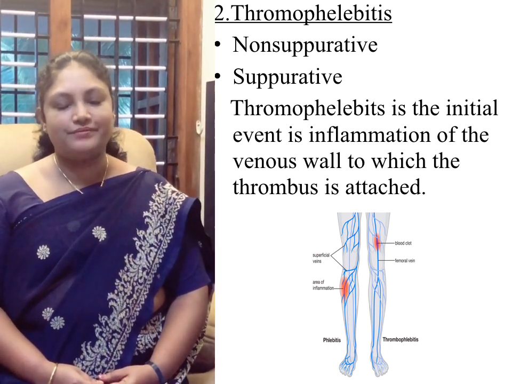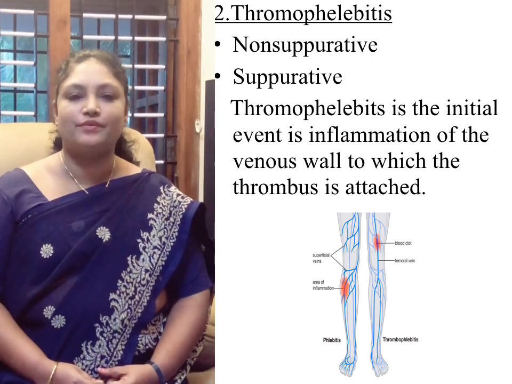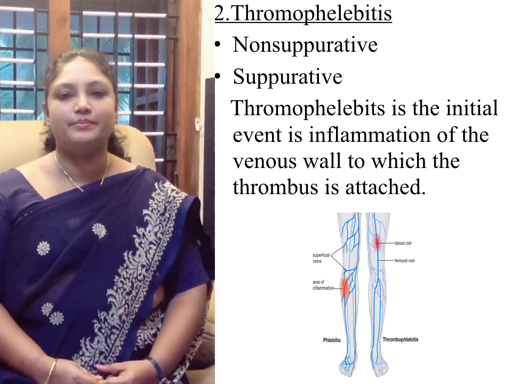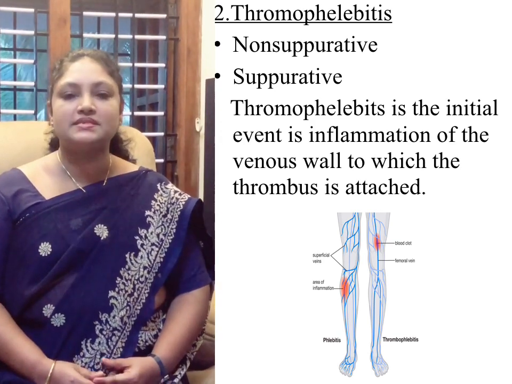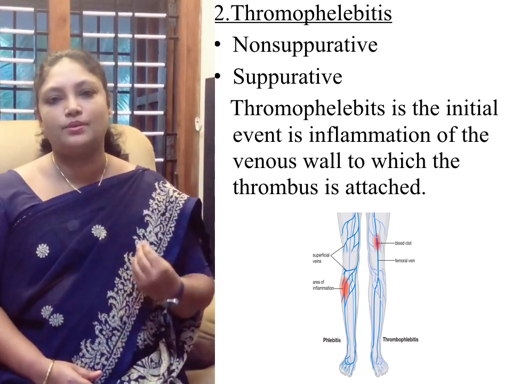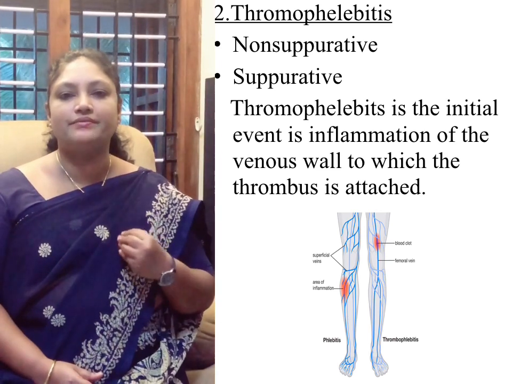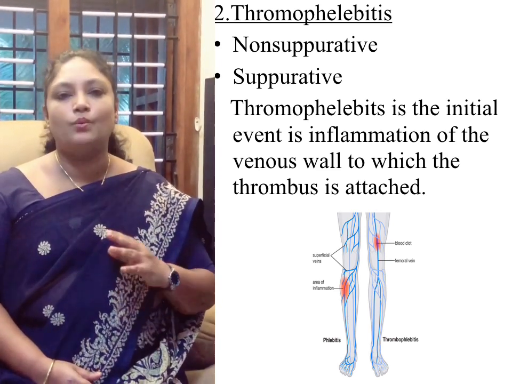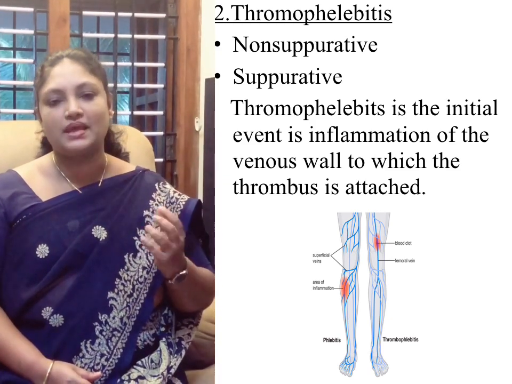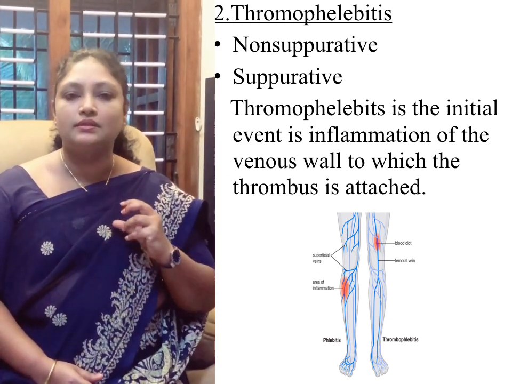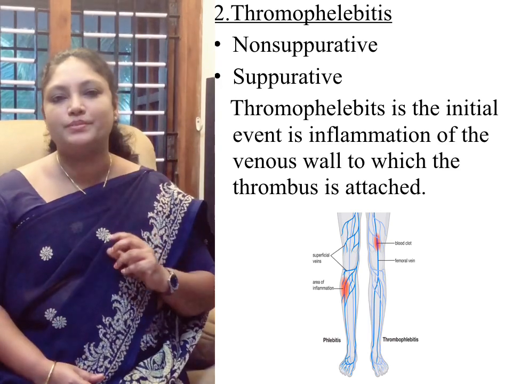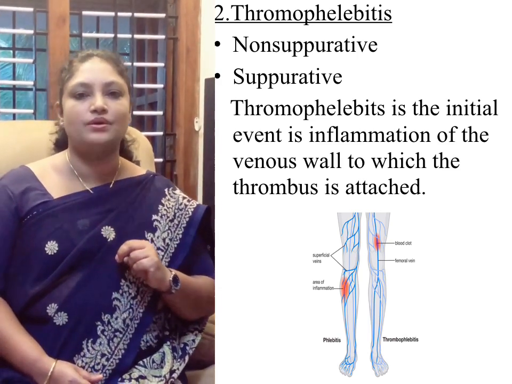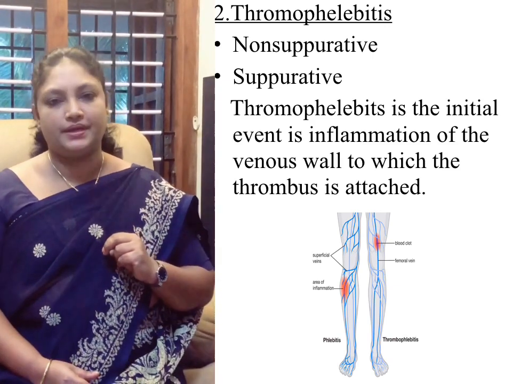In phlebothrombosis the initial stage is the formation of the thrombus, whereas in thrombophlebitis the inflammation of the venous wall starts initially. In thrombophlebitis there are two types, non-suppurative and suppurative.